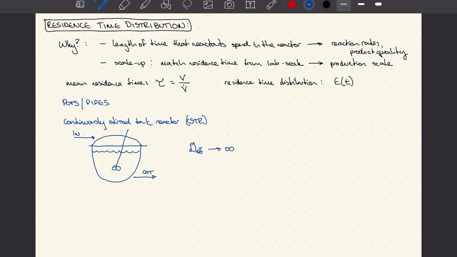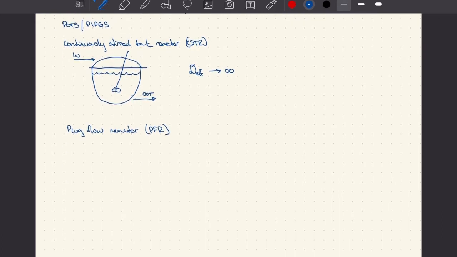Another type of reactor that we can think of is the plug flow reactor, or a PFR. In this case, we also have a continuously operating system, but it's in a pipe, again with an inlet and an outlet.